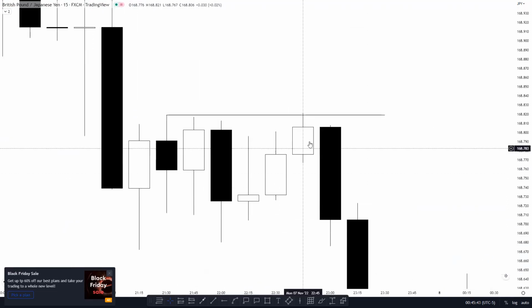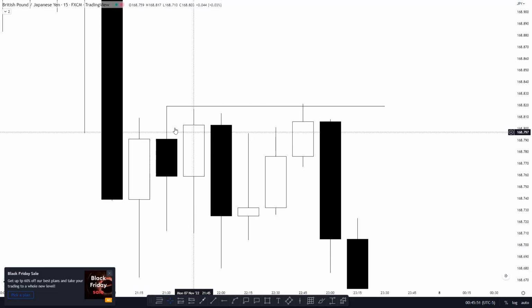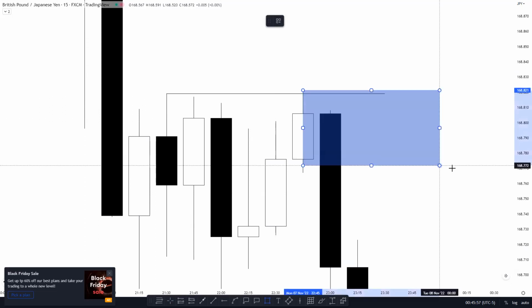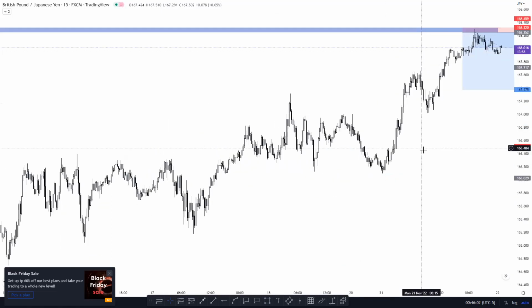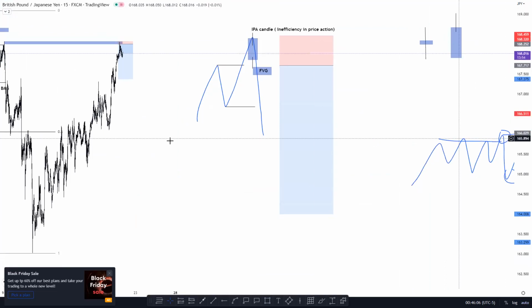Am I right? Yeah, you see, this candle wick has closed above all of those candles, right? So we will mark this candle as well as our point of interest, and we will look for some sort of sells in there again.